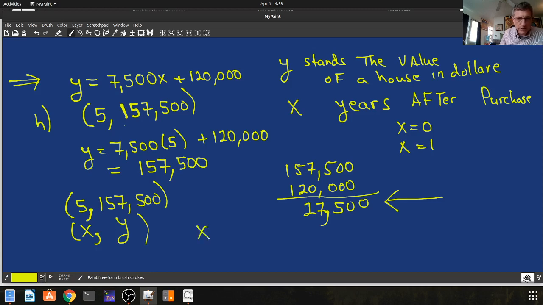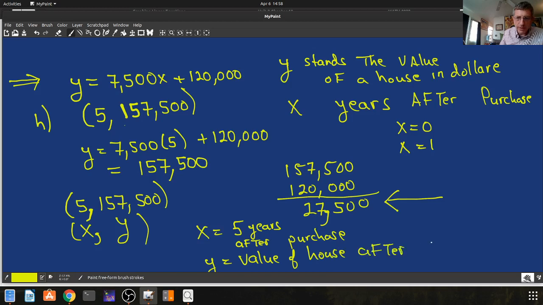So x represents 5 years after purchase, and y stands for value of house after 5 years. So that represents linear growth.